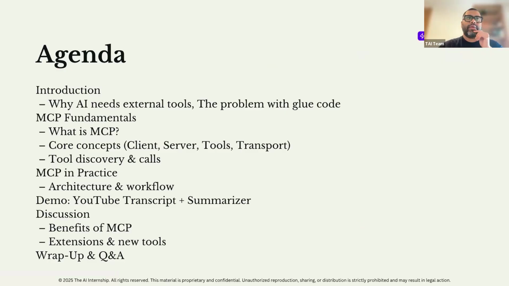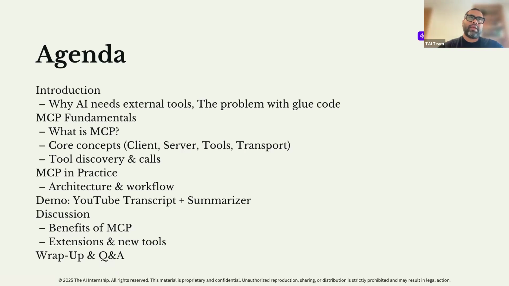Today we're going to do the following. We'll first look at why AI needs external tools, and dig into the issues of glue code. What it means to hard code the available tools and what they can do, and what the issues with that are.